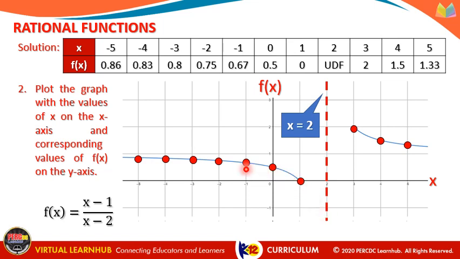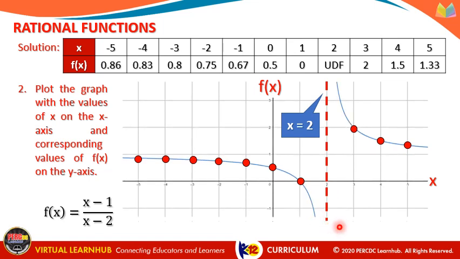Actually, kapag itutuloy mo yung graph, halimbawa, let's say mag-assume ka ng x is 1.5, x is 1.8, x is 1.9. Let's say palapit ka ng palapit sa 2. Mapapansin mo na actually ang mangyayari sa graph mo at this point, bababa siya. Sa kabila naman, habang palapit ng palapit ka rin sa x is 2, so halimbawa, let's say sumobra ka na, so 2.01, 2.02, and so on, malalaman mo na tumataas naman yung graph mo at this point.